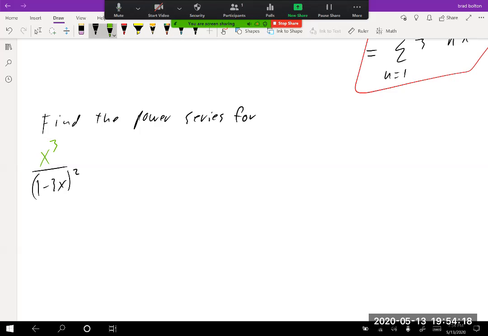So all you would have to do is, because you know that this is really x cubed times 1 over (1 minus 3x) squared.